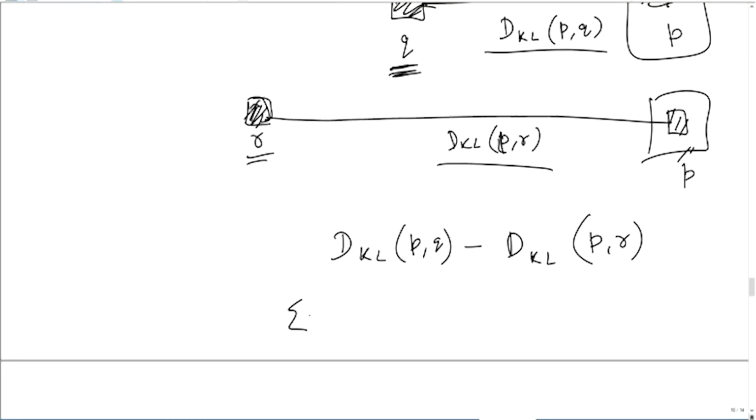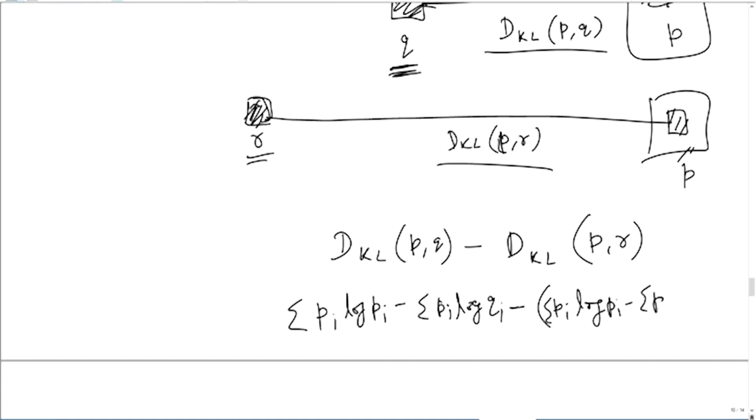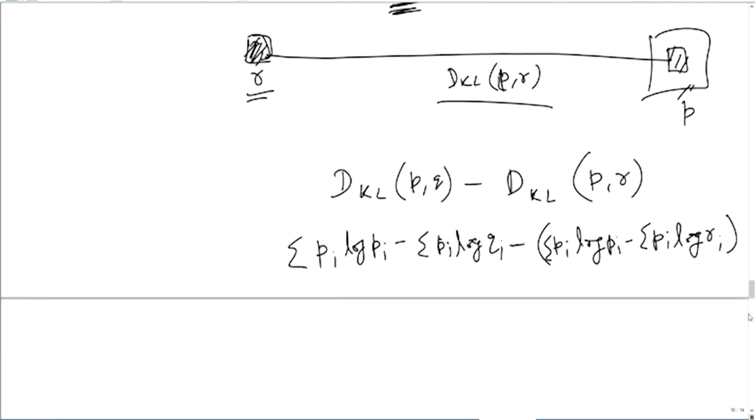So in formula, it would look like this: sum of Pi log Pi minus Pi log Qi, minus Pi log Pi minus Pi log Ri. Now, interestingly, the Pi log Pi term will cancel out.